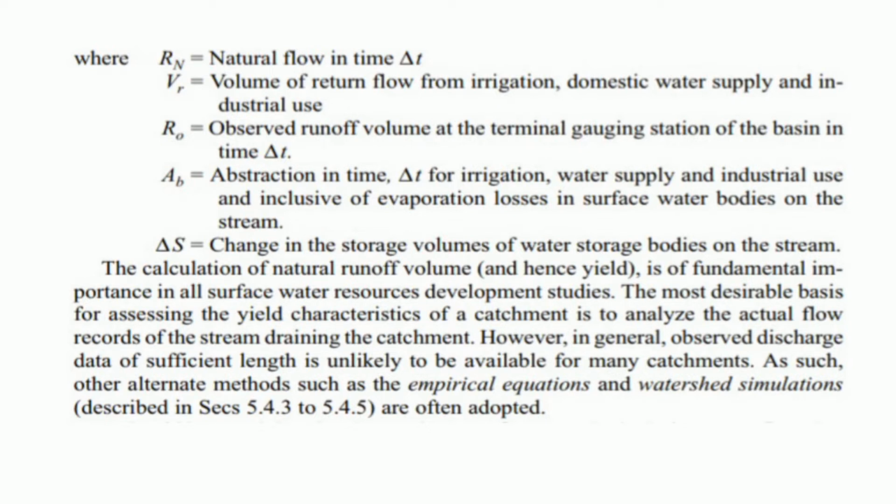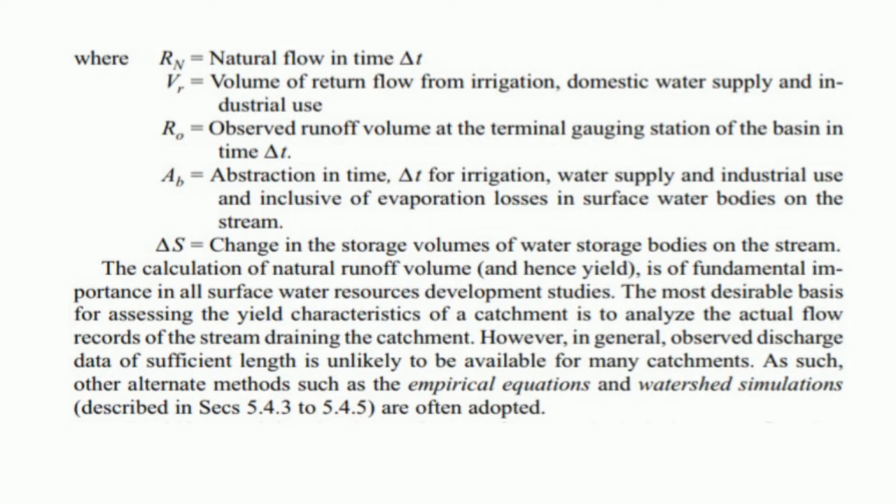Ro is the observed runoff volume at the terminal gauging station of the basin in time T. Eb is the abstraction in time T for irrigation, water supply and industrial use, exclusive of evaporation losses in surface water bodies on the stream. Last, Es is the change in the storage volume of water storage bodies on the stream.